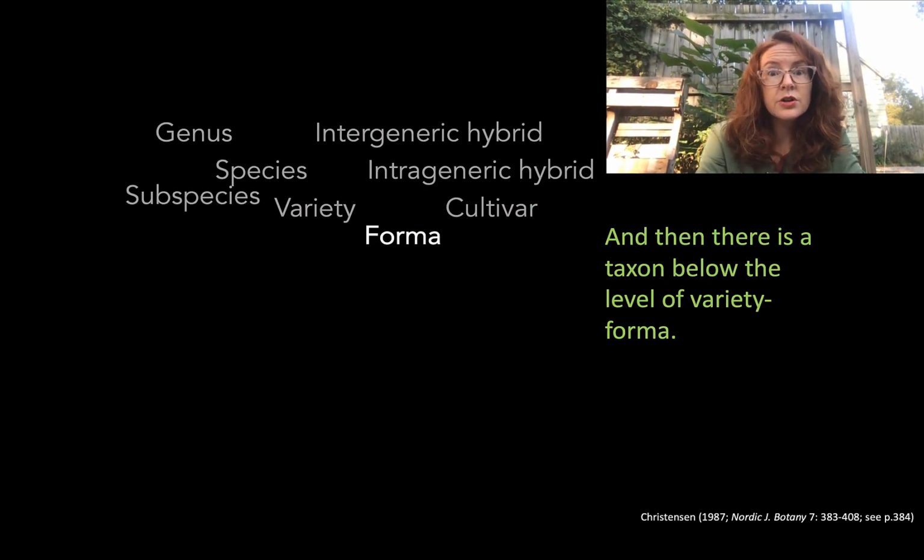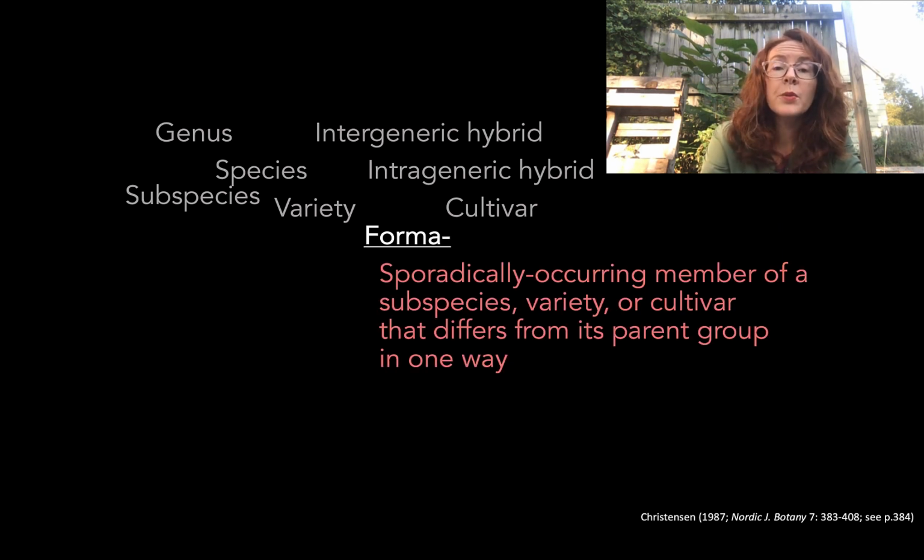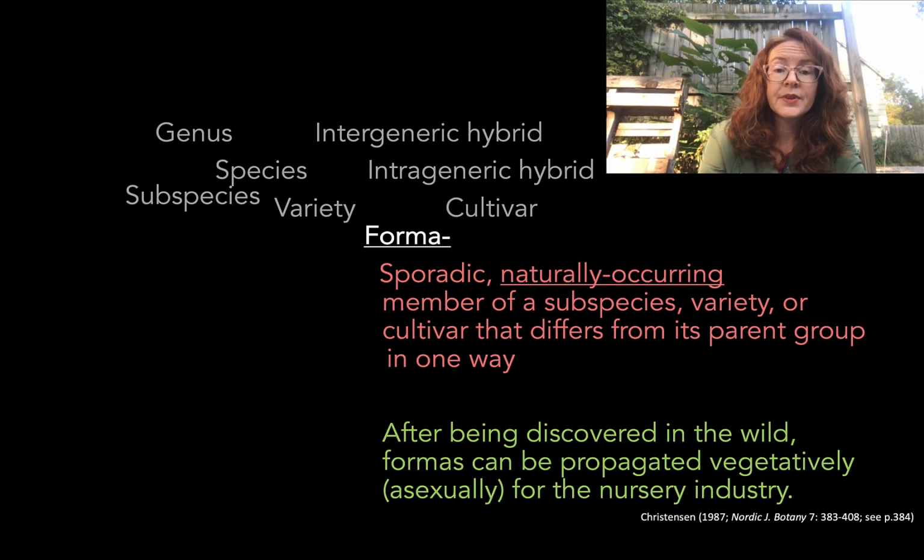Okay, so now there's also another level of classification below the levels of variety and cultivar. It's one level, and that's forma. Formas are sporadic and naturally occurring members of a subspecies, variety, or cultivar, and they differ from the parent in one way.